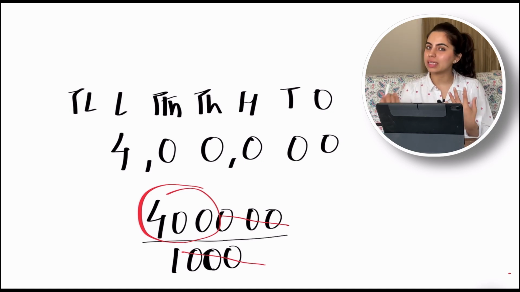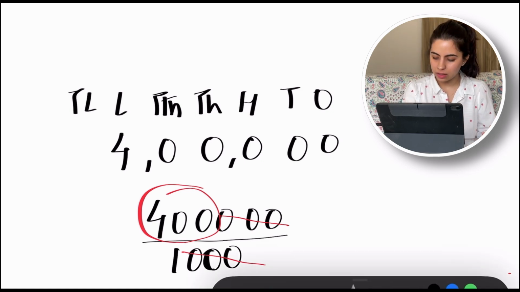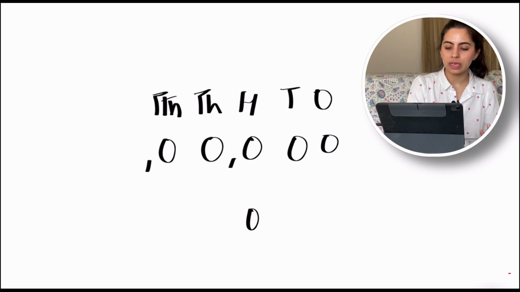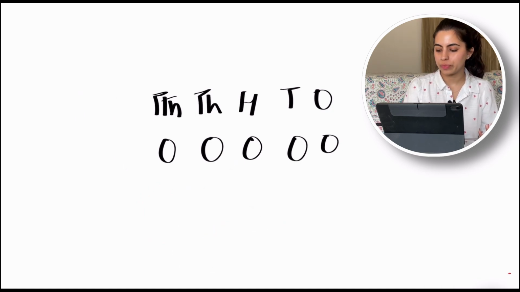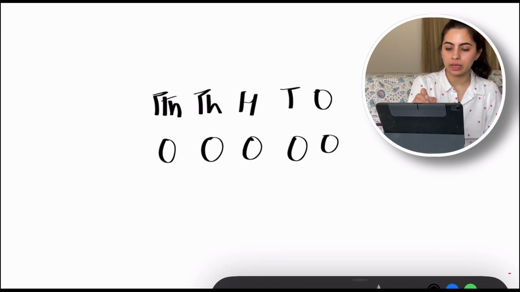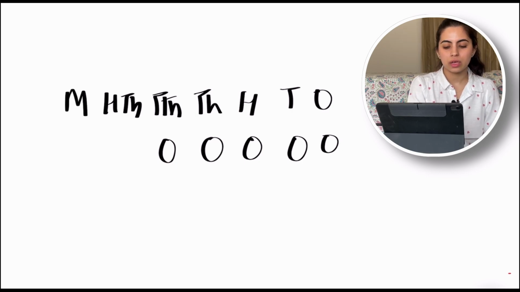Same goes for the international number system. For the international number system also, you need to do the same. I'll do one question with you and show you for the international number system as well. So here, if we have the international number system, 100,000 and million, let's take the number to be 8 million.